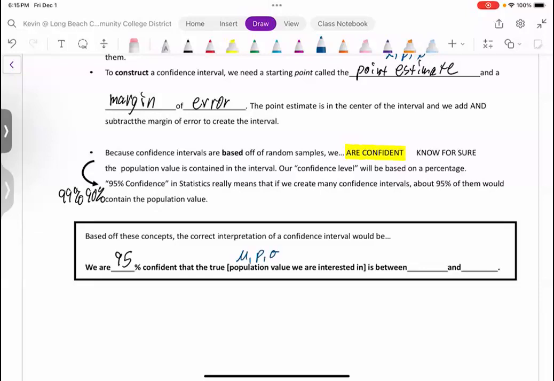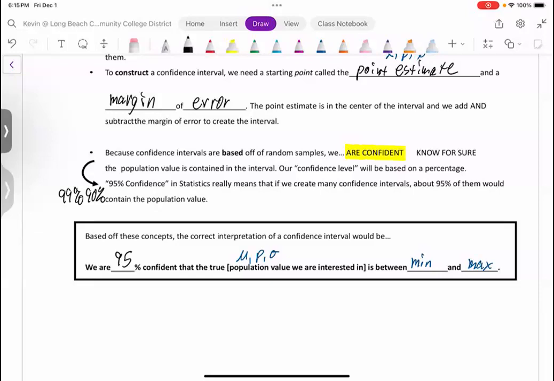So the true population mean, the true population proportion, or the true population standard deviation, is between some minimum value and some maximum value. So that, in a nutshell, is what a confidence interval is.